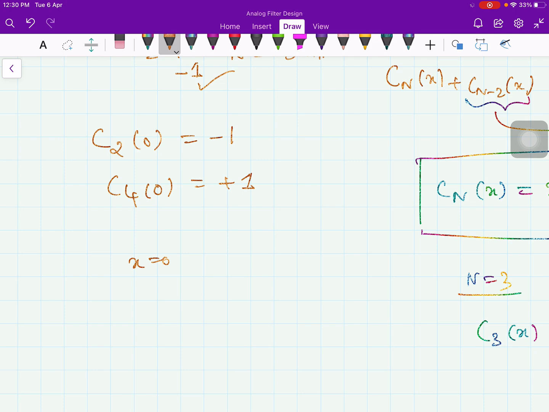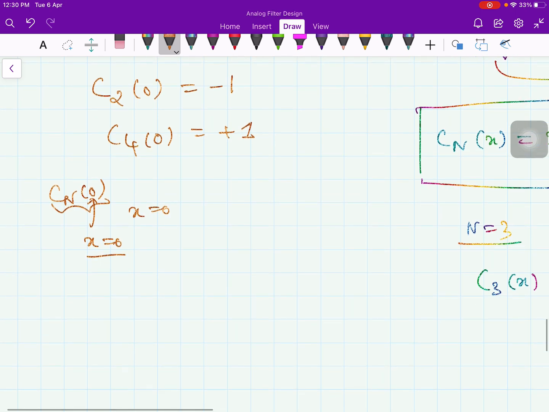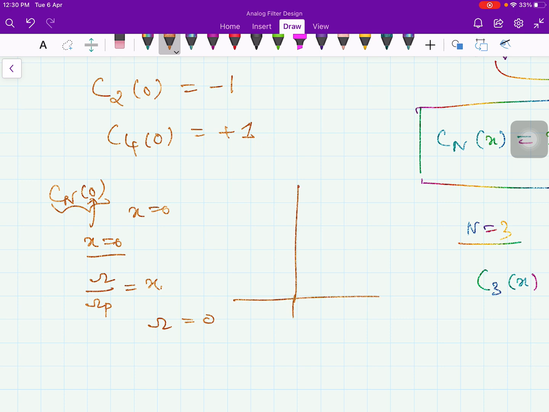see, when I say Cn of 0, what does it mean? The argument is 0, that means x equal to 0, right? We assumed omega by omega p is equal to x. That means omega is equal to 0. Omega equal to 0 means what? We are talking of the DC point, DC characteristic. So at 0 frequency, what is the value of the Chebyshev polynomial?